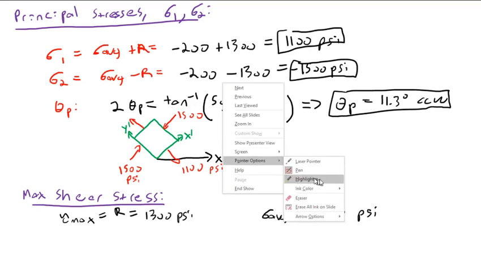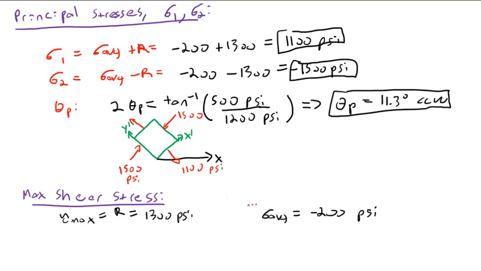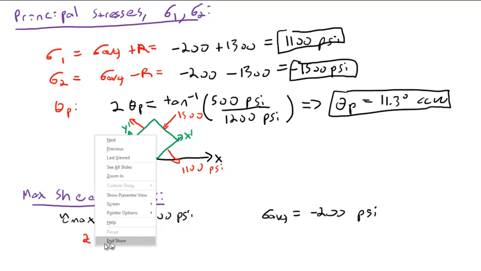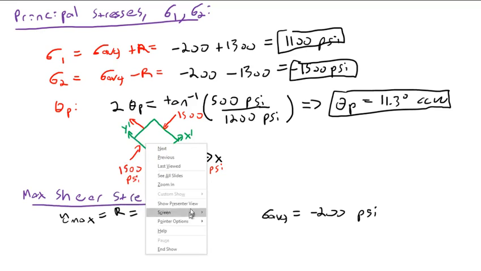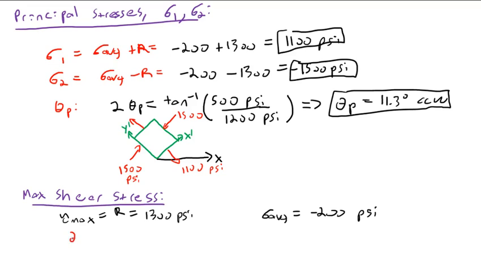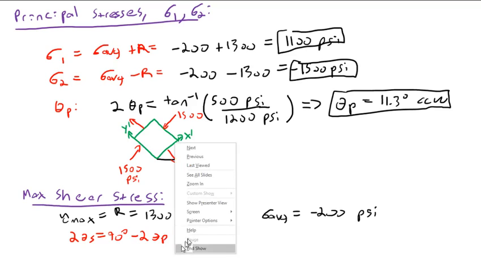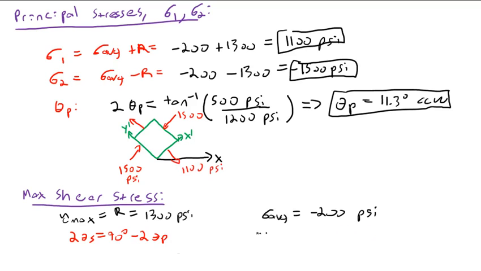Now, we can use this equation here that we've worked with previously. 2 theta s equals 90 degrees minus 2 theta p, which is then equal to 90 degrees minus twice 11.3 degrees, which is 67.4 degrees.